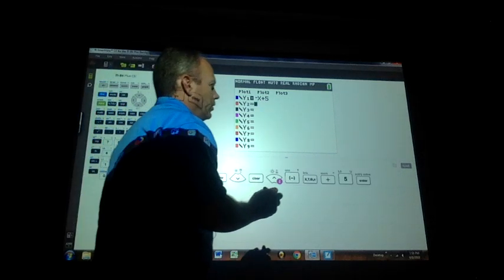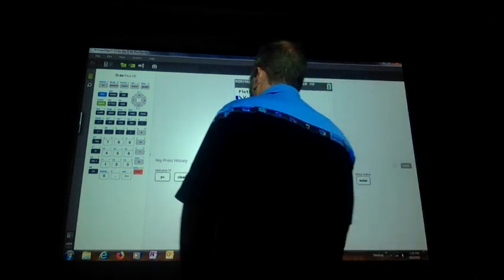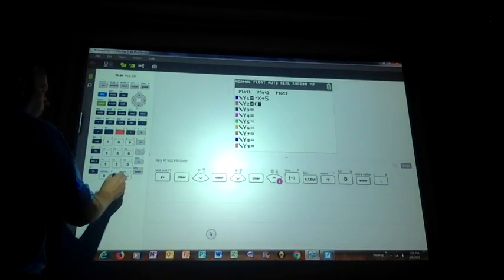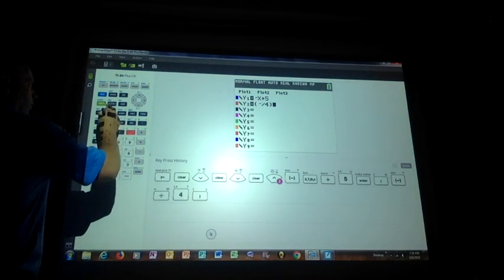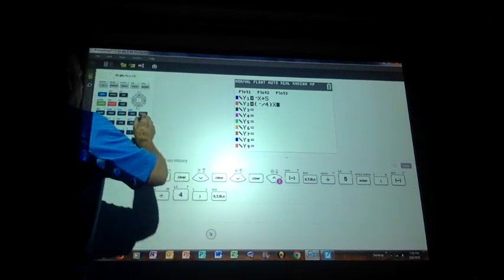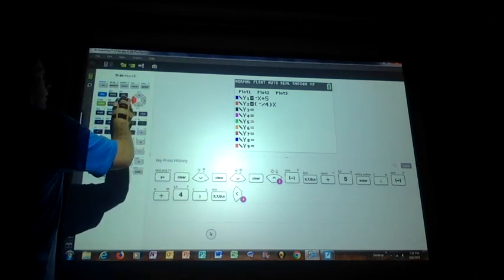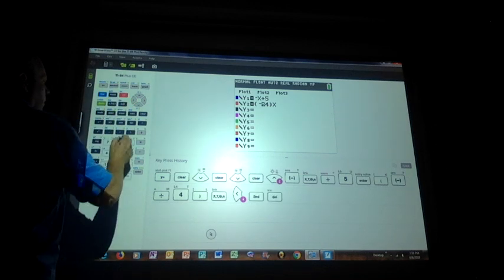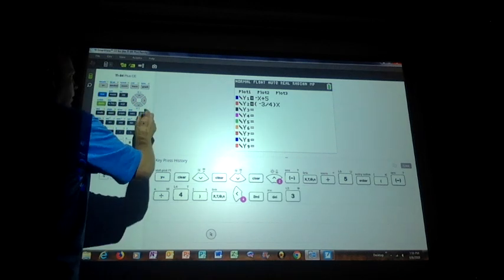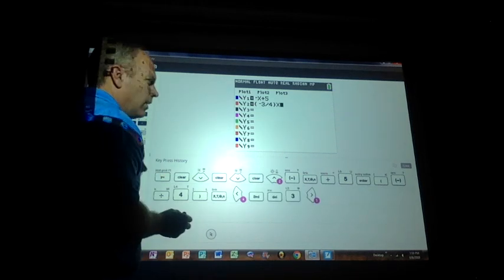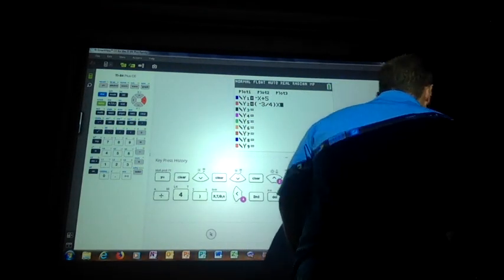And my second equation is going to be negative 3/4 x. Remember, put it in parentheses. Oops, I already goofed it up. And that was 3/4 x plus 9 over 2.